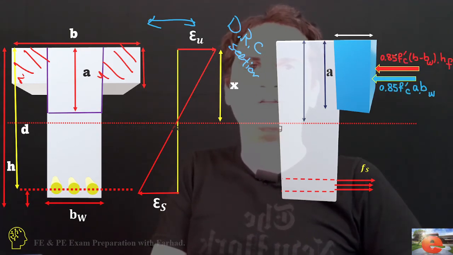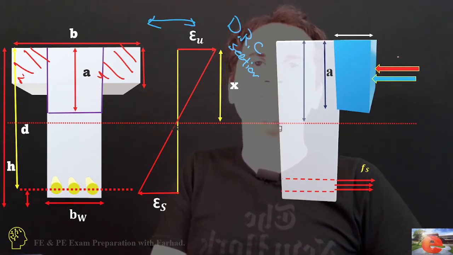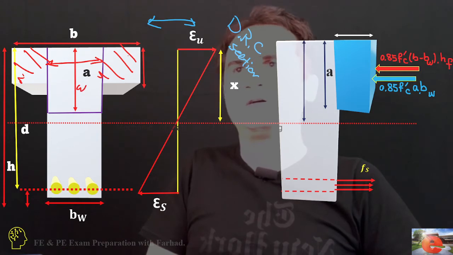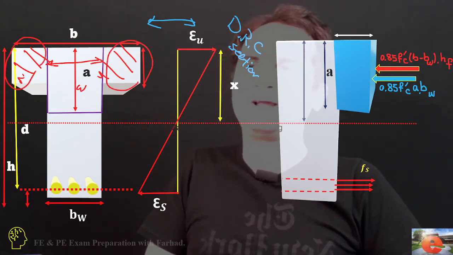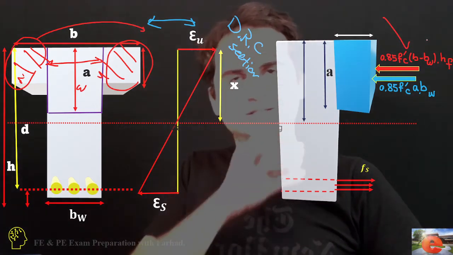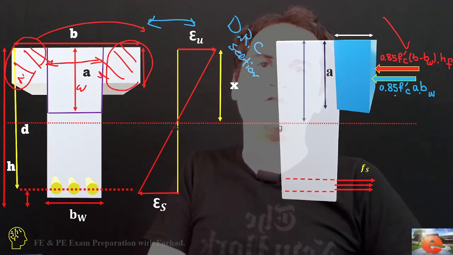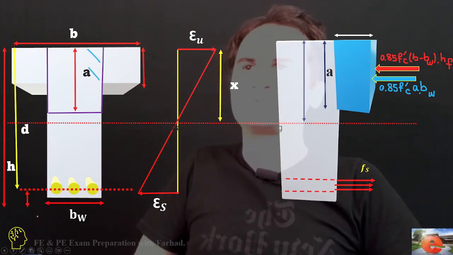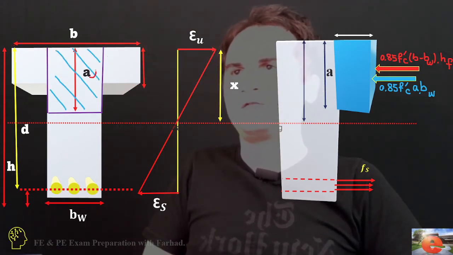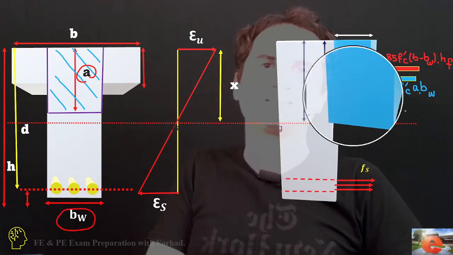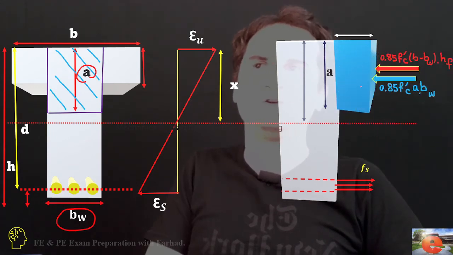One of them is 0.85 f'c (b minus bw) times hf, the two flange parts simulated like compression domain forces. The other part is 0.85 f'c times a times bw, with a the height of the Whitney block.